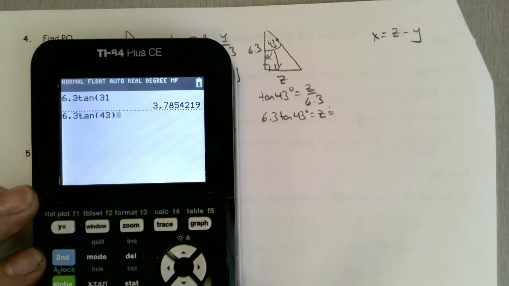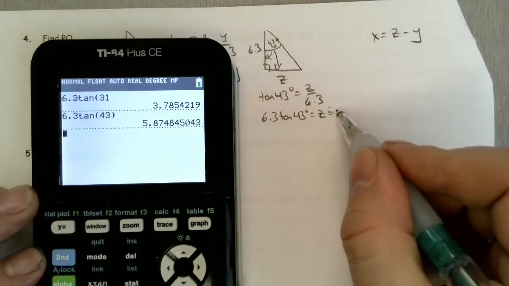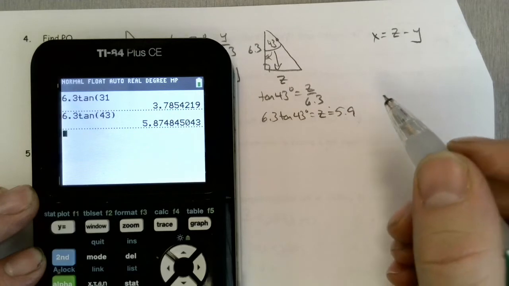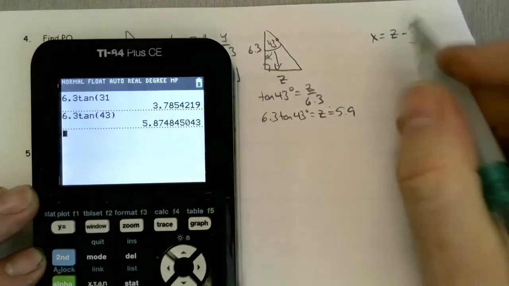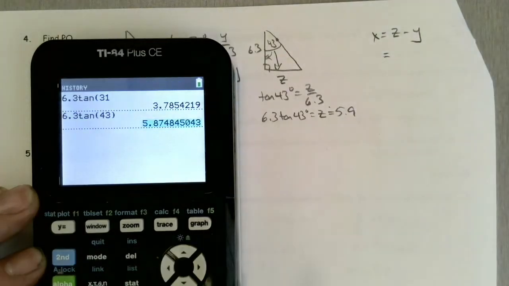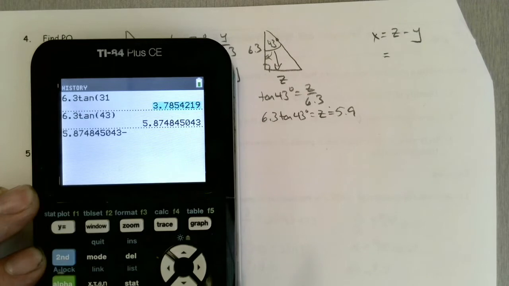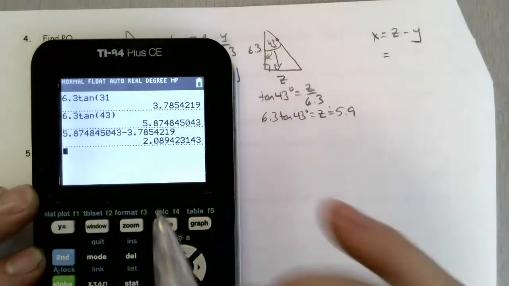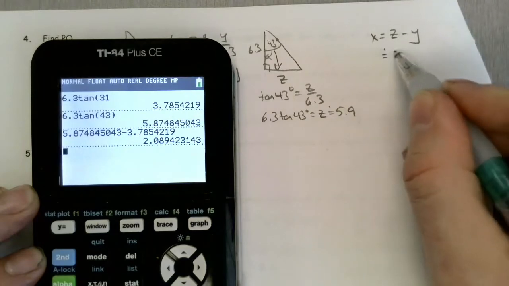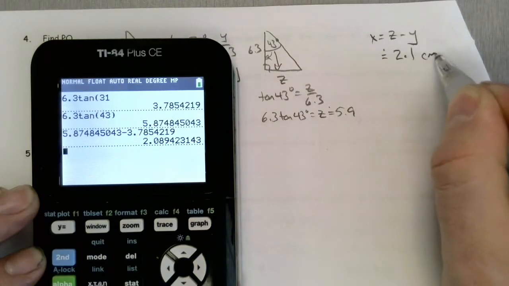Okay, so it's roughly 5.9. But now to get the difference between them, I'm going to take that value that I got for Z, and subtract the value that I got for Y there. And putting those together, I get to the nearest tenth, approximately 2.1 centimeters. Okay? And that's what I was looking for.